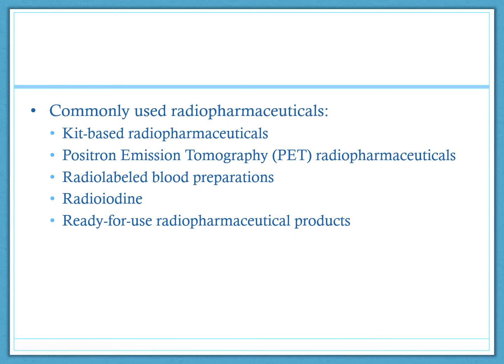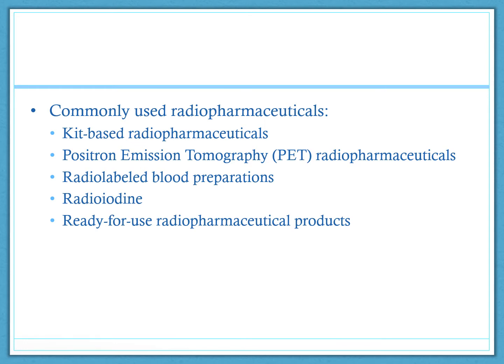The commonly used radiopharmaceuticals in healthcare establishments can be categorized into the following list. The first one is the kit-based radiopharmaceuticals, where we can put our technetium-based radiopharmaceuticals: technetium MDP, technetium tetrofosmin, DTPA, and others.